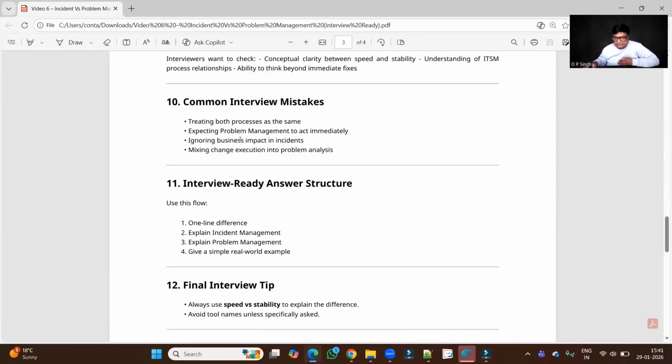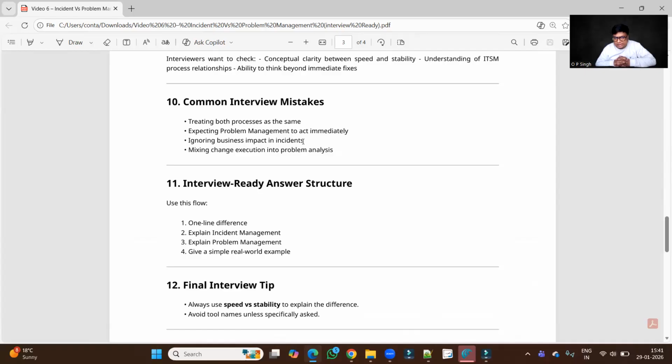Then there is ignoring business impact in incident, because when we shift focus to problem management immediately, we are dividing the focus and not concentrating on the incident 100%.